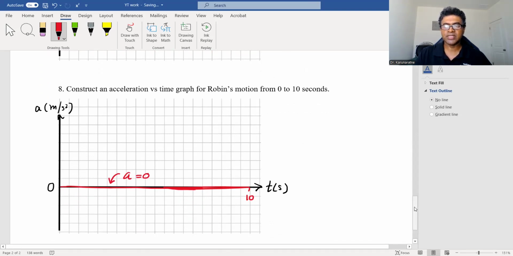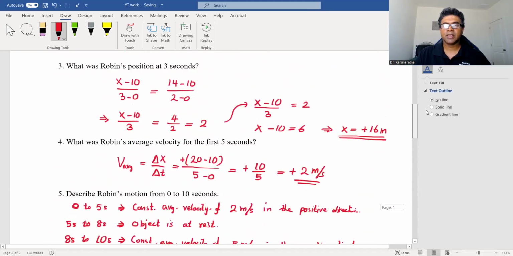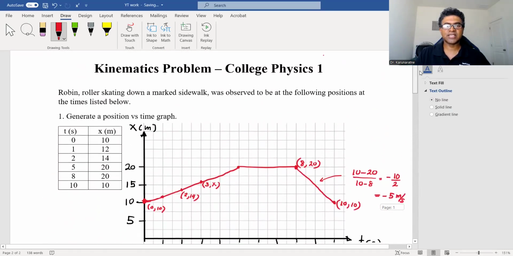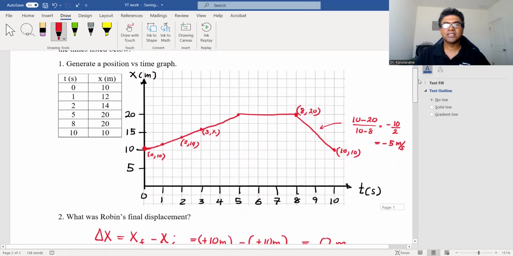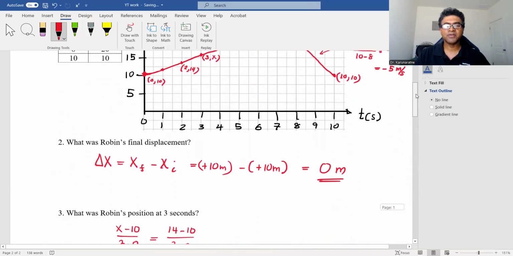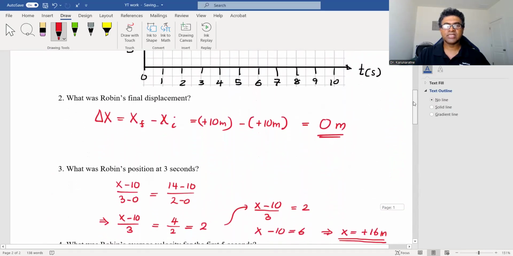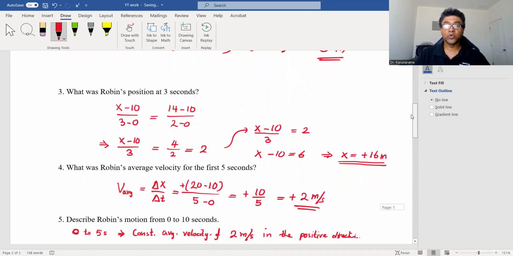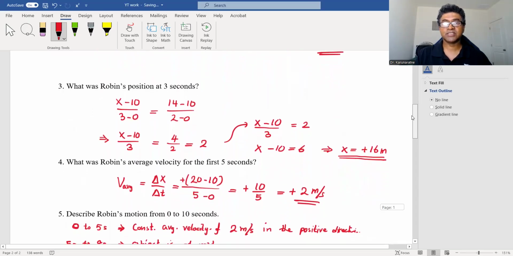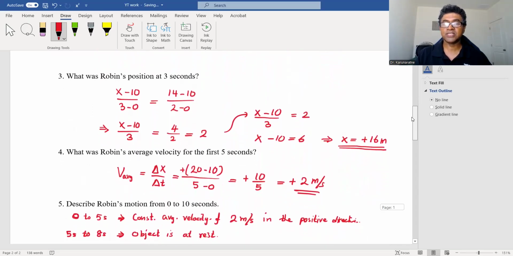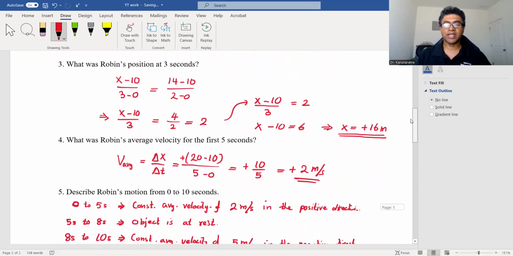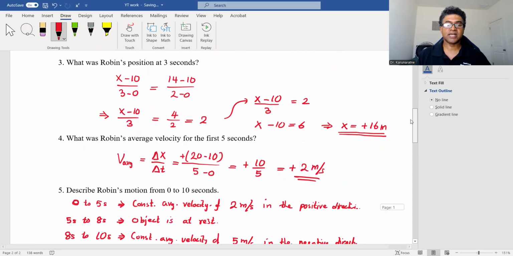This is a very nice kinematic problem for a college physics class. We constructed the position versus time graph. Then we figured out the final displacement. Then by looking at the slope of a position versus time graph, which is the average velocity, we were able to figure out the final position after a certain time.